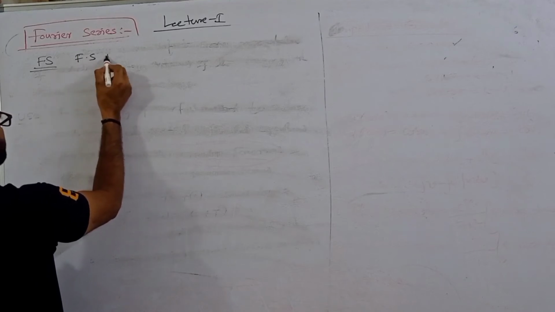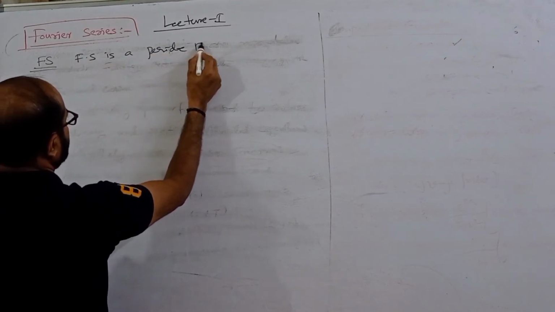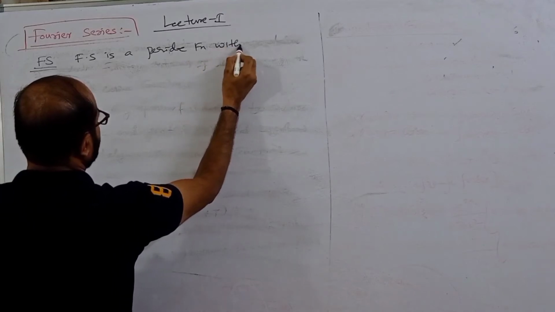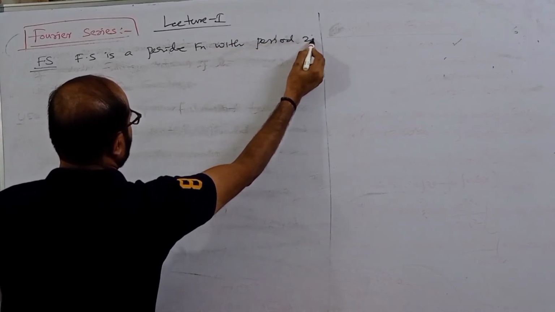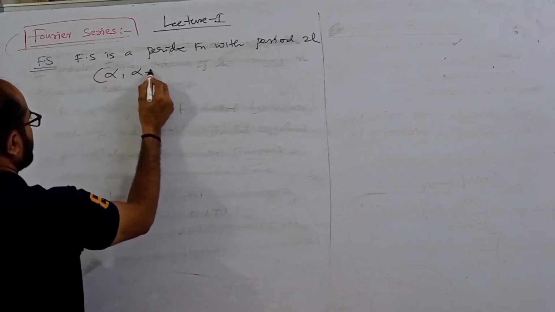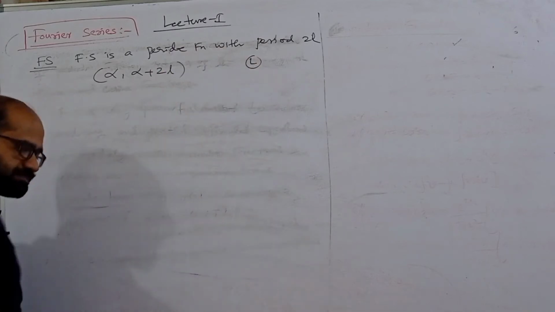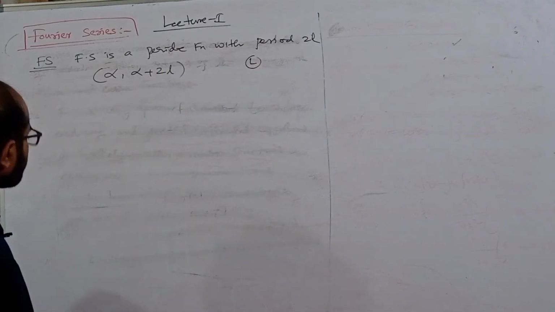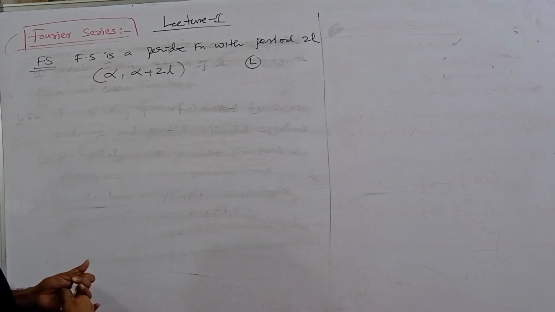Fourier series is a periodic function with period 2L in the interval alpha comma alpha plus 2L. You can take L as capital also, no problem, right?